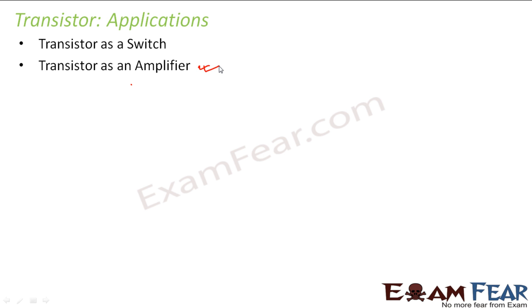And what are the characteristics of a transistor, that means how do the voltage and current vary inside a transistor? And what did we conclude from the transistor characteristics? That the output current, or the collector current, is driven by the input current, that is the base current. And there is a good relation between the input circuit and the output circuit of the transistor. So now let us look at the transistor as a switch.